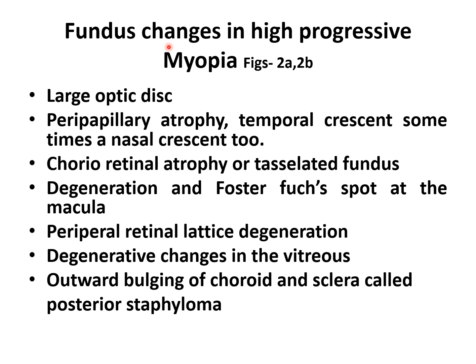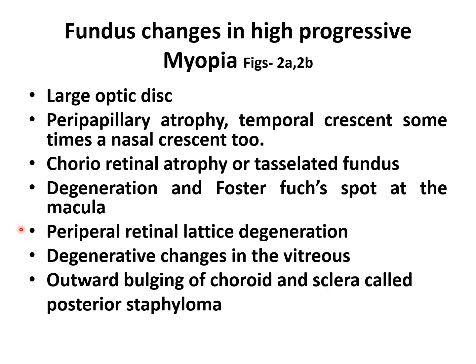In high progressive or pathological myopia, there is increase in the axial length of the eyeball, which leads to a large optic disc and an outward bulging of choroid and sclera called the posterior staphyloma.